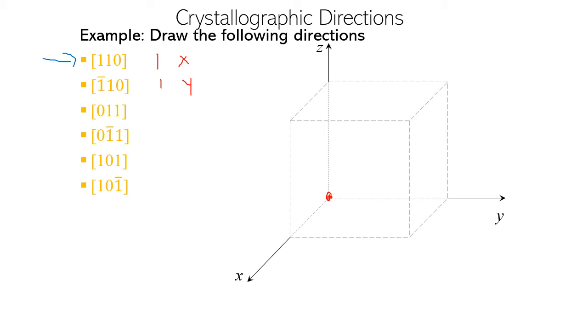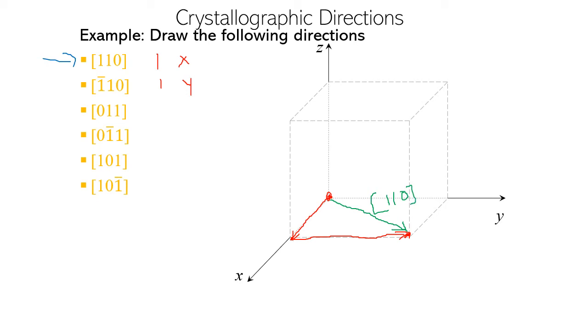Okay, so let us go one unit cell edge length along x, and then from here we should move one unit cell edge length along y. So we reach here and then connect this point with the origin. So this is the required direction.